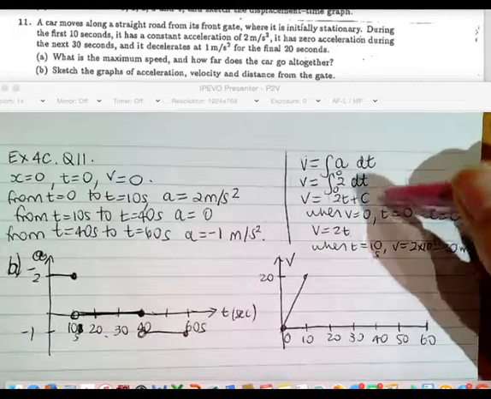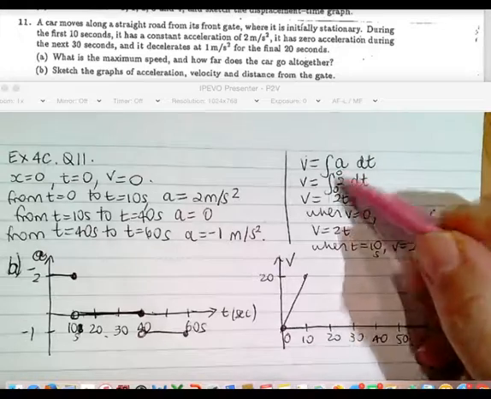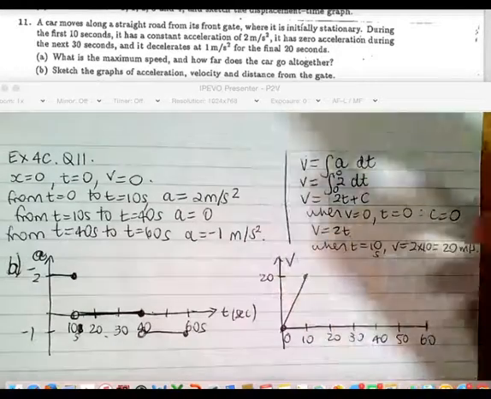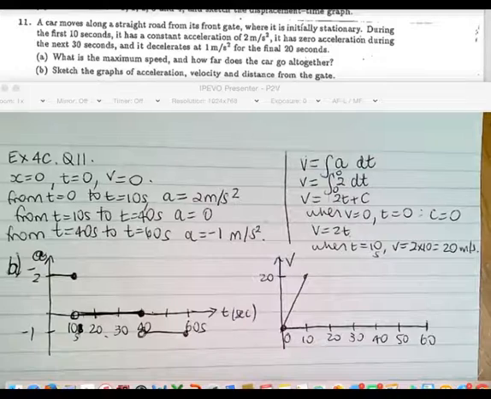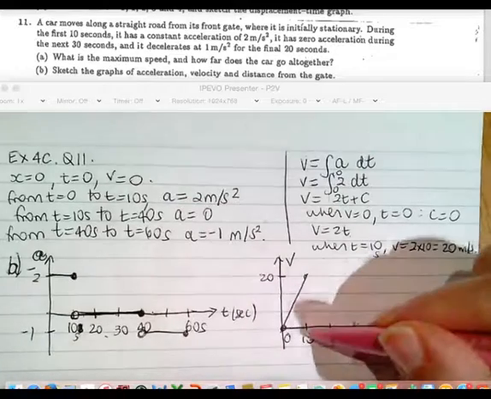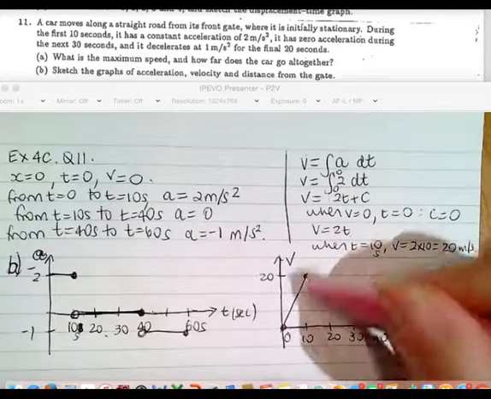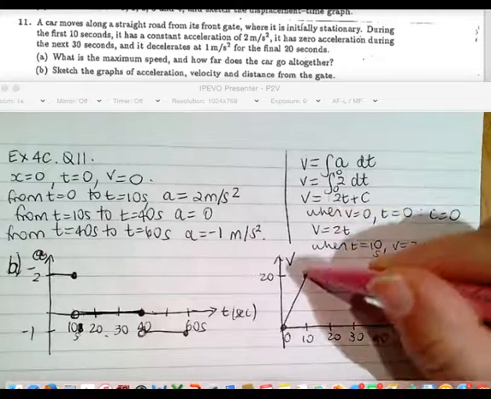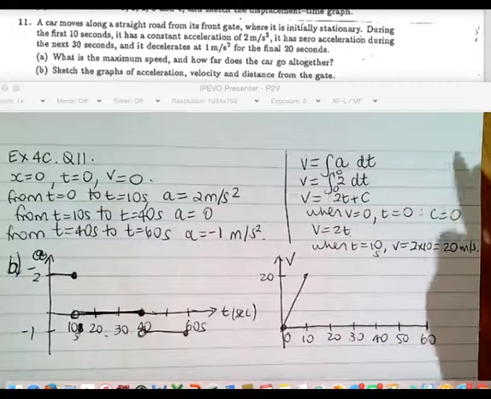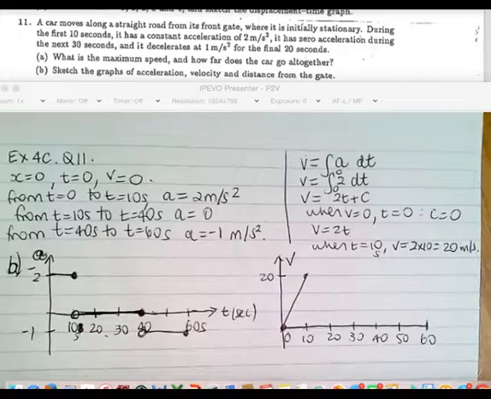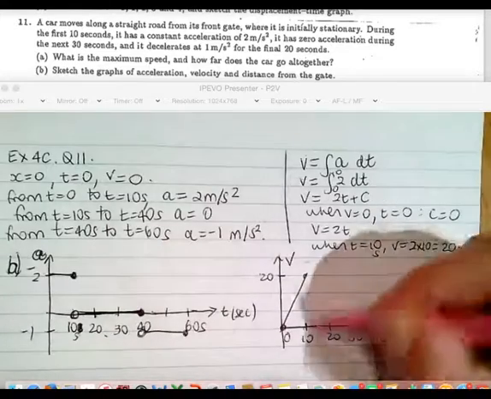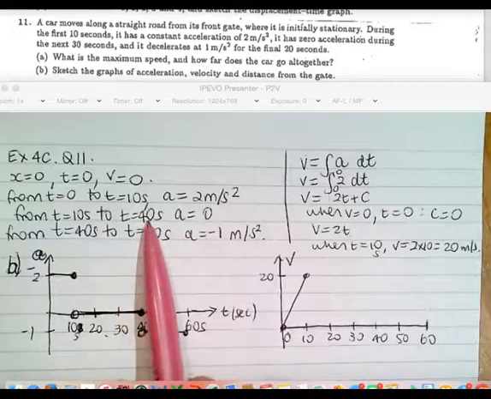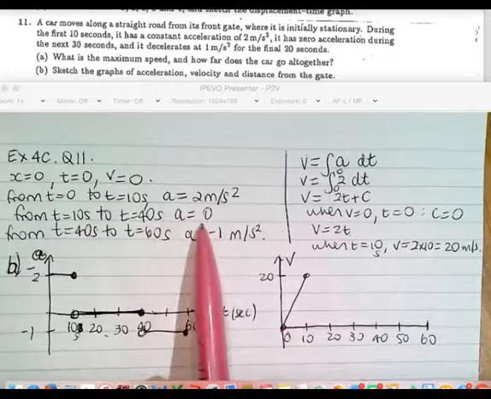So if I want to work out the maximum velocity there, I can see that it occurs when t is 10 seconds, because when I substitute t is 10, I get 2 times 10 is 20. Now from t equals 10 seconds to t equals 40 seconds the acceleration is 0.